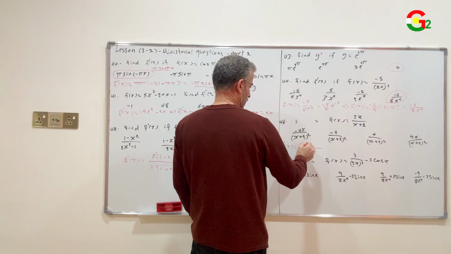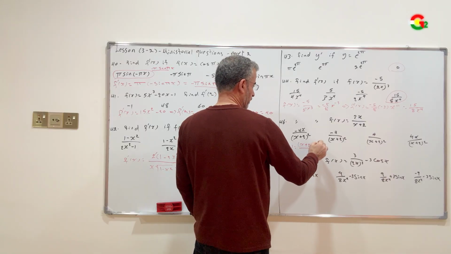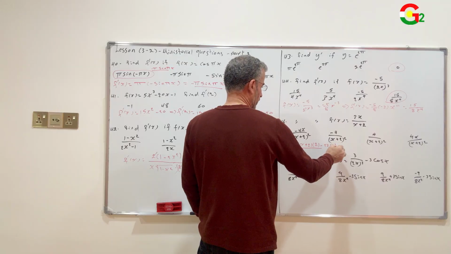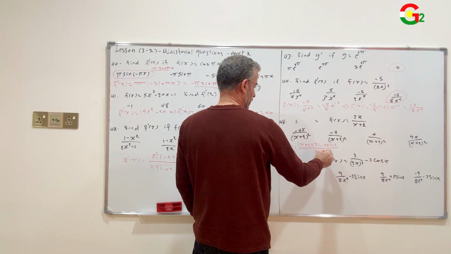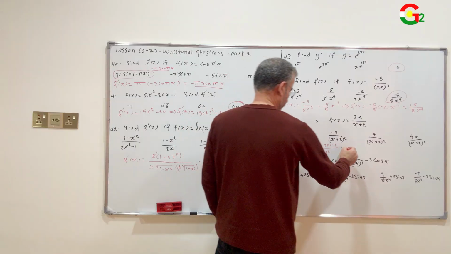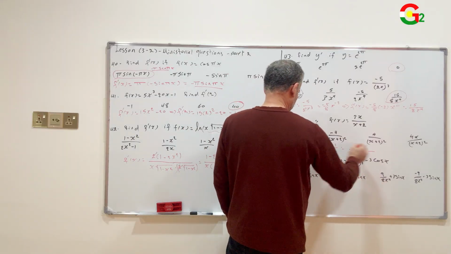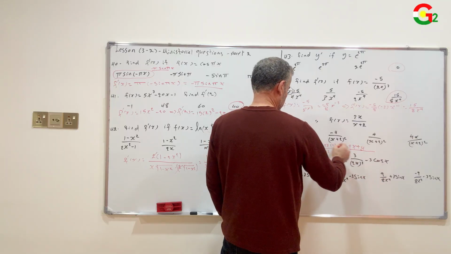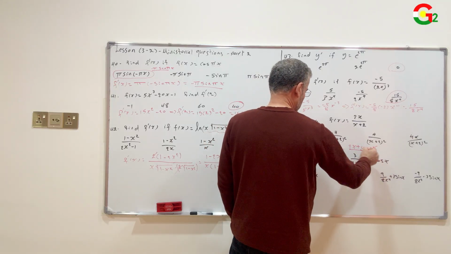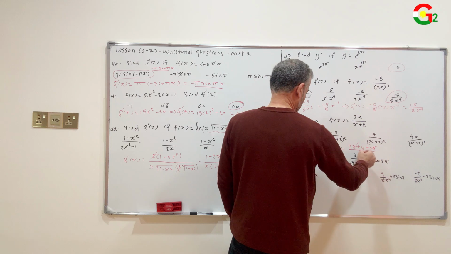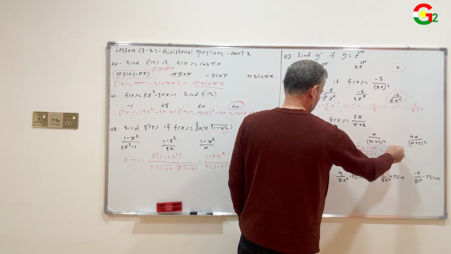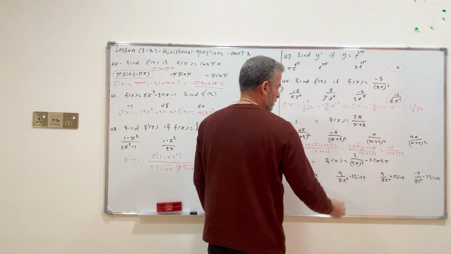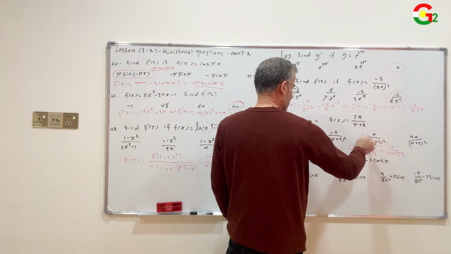The denominator x plus 2 times the derivative of the numerator minus the numerator times the derivative of the denominator, over the denominator squared, equal to, simplify, 2x plus 4 minus 2x over x plus 2 squared, equal to 4 over x plus 2 all to the power 2. Choice C.